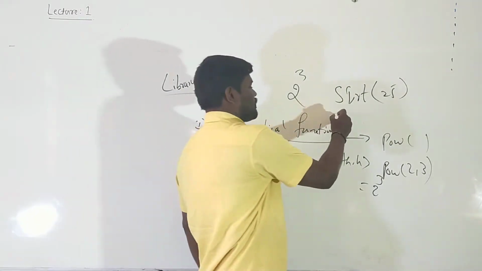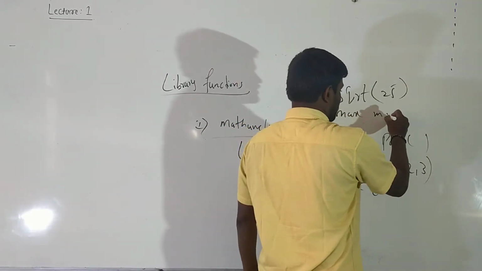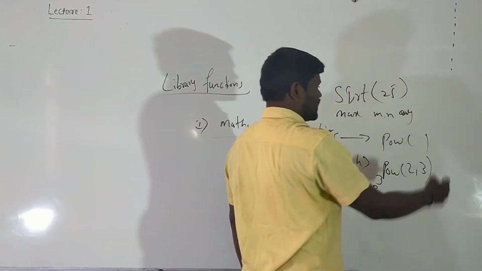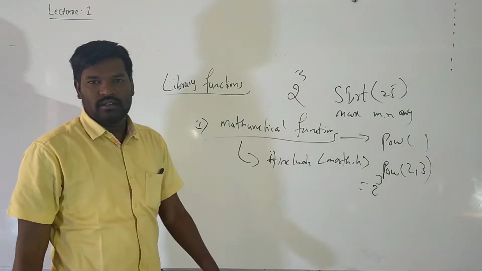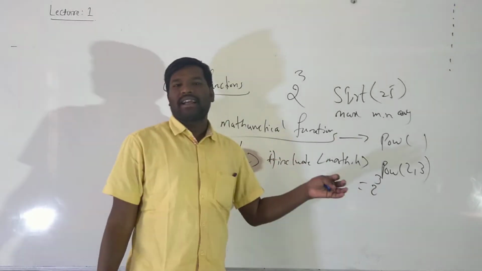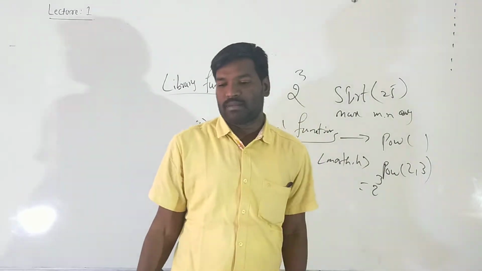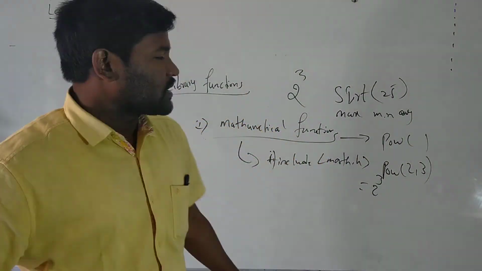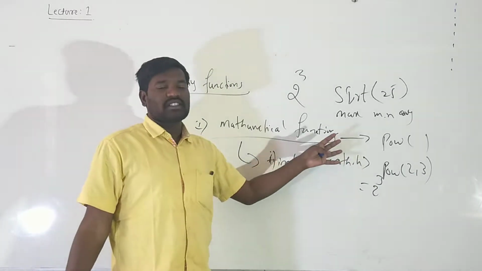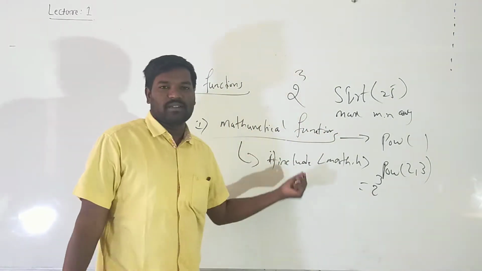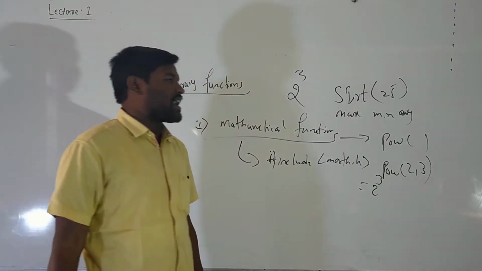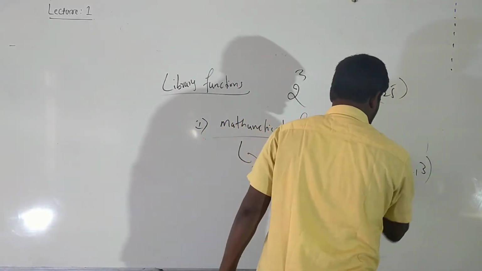Another ones are max, min and average. If you want to find the maximum of two numbers, the minimum of two numbers and the average of two numbers, whatever functions are available in the mathematical header file, we have all rights to access them.